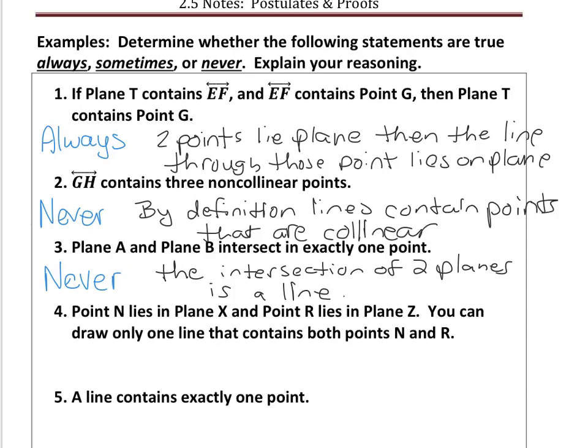Number 4, point N lies in plane X and point R lies in plane Z. You can draw only one line that contains both points N and R. That's always true. And the justification: there exists only one line between any two given points.